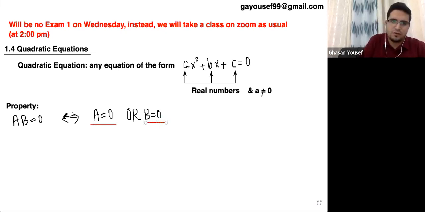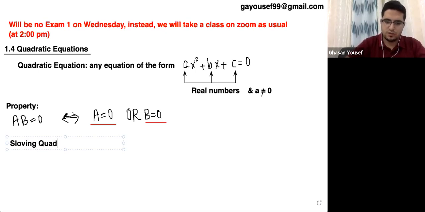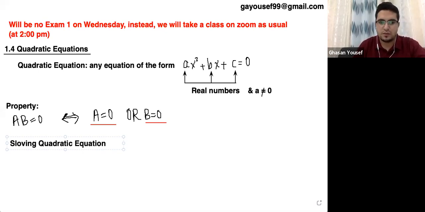First of all, we have to know how to solve a quadratic equation. So here, solving a quadratic equation. We have different ways for solving a quadratic equation.